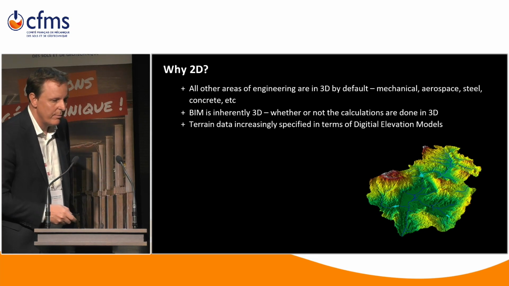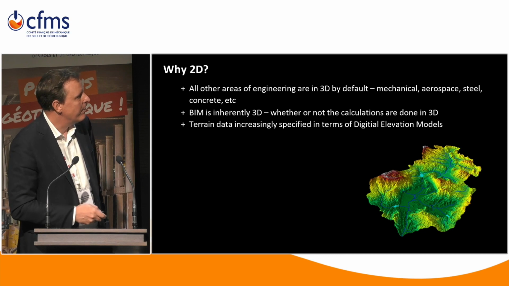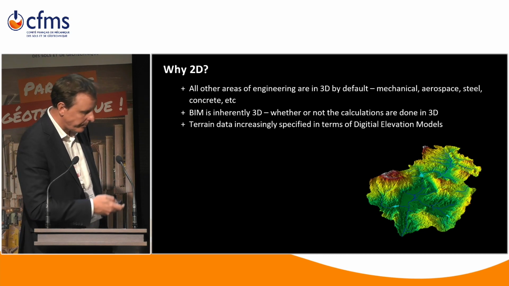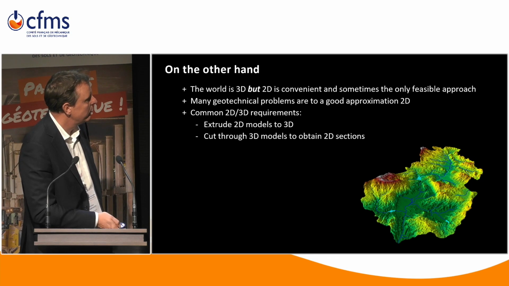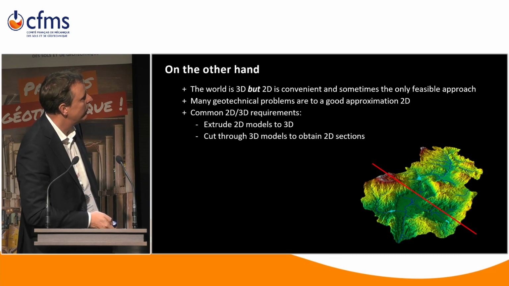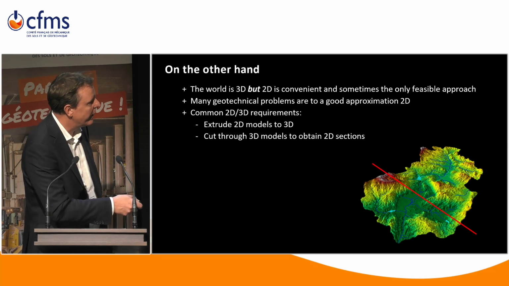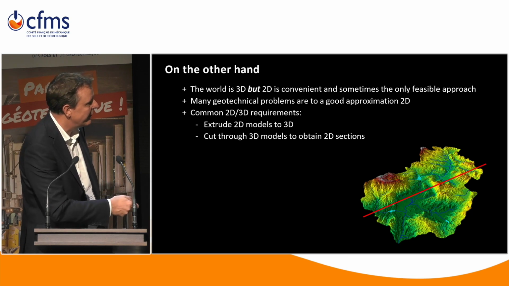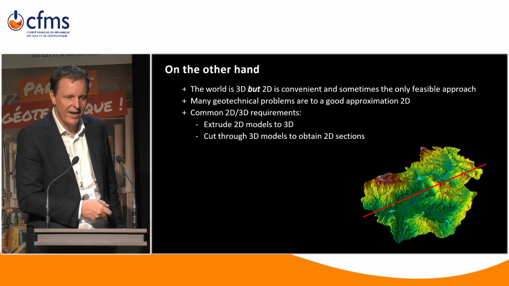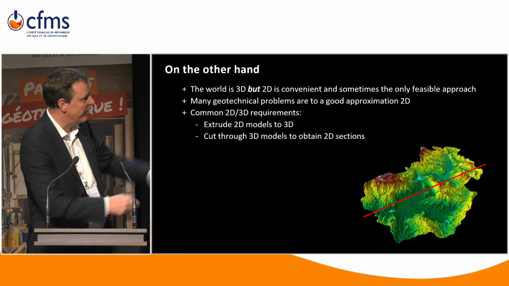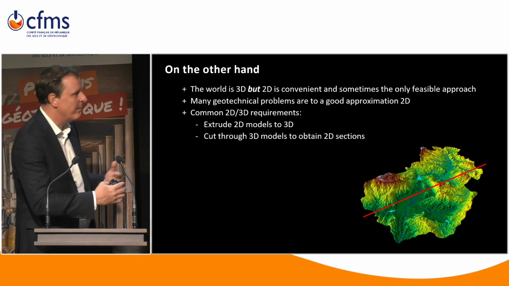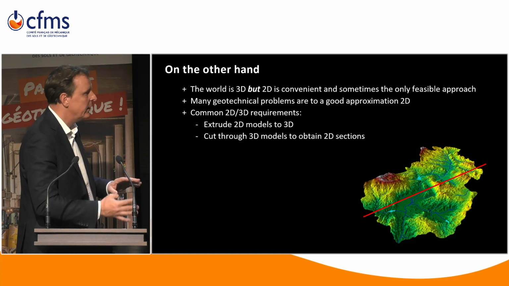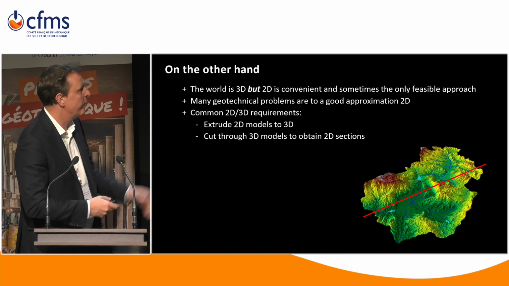And what most people really mean by do an analysis is, they might like to do a 3D analysis, but they would also like to do some 2D sections through the 3D analysis. For example, this one here, or something like this. I would like that myself personally, rather than having just one number for the factor of safety of this 3D landscape. I would like to look at some sections. So again, there's an interplay between 2D and 3D. It's not really one thing or the other. It's both in a way.